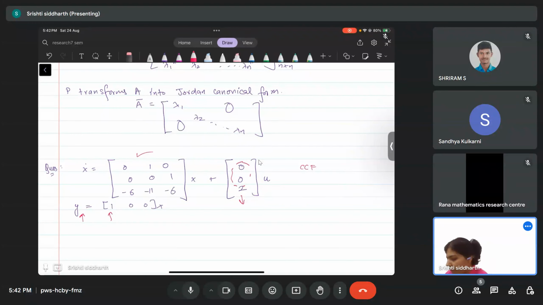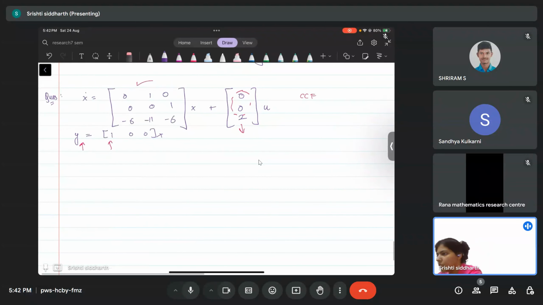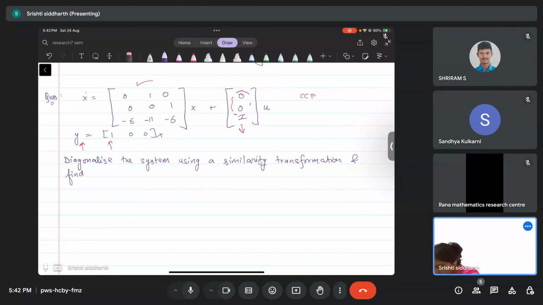Okay, so the question is, characterize the system using a similarity transformation, and find the modified or the diagonalized system.